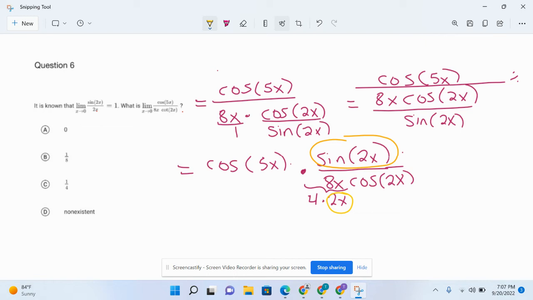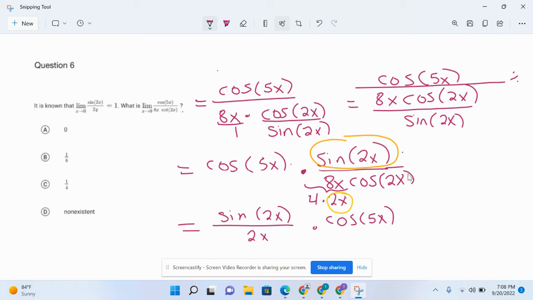I wish I could be talking to you right now so I would know if this is making sense. But what I'm going to do is take the sine of 2x over 2x and write it together as one fraction. Then I'll write down everything else I have left. On the top, I have cosine of 5x, because that sine of 2x I already wrote down.